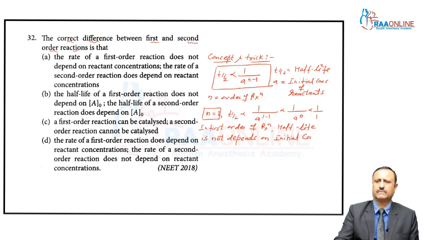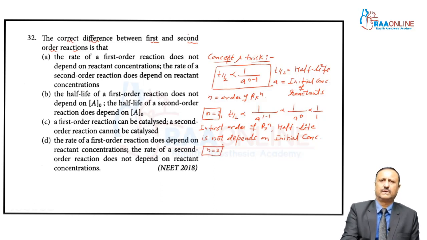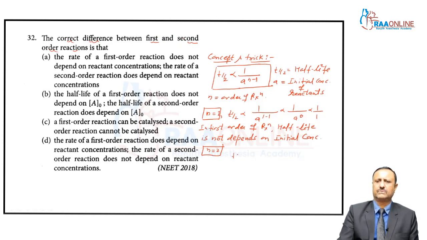Now we can put n is equal to 2, because in this question the difference is for the half life of a second order reaction. So n is equal to 2. Then t half is inversely proportional to a to the power 2 minus 1, that is a to the power 1, inversely proportional.